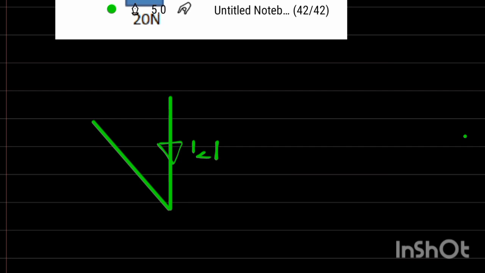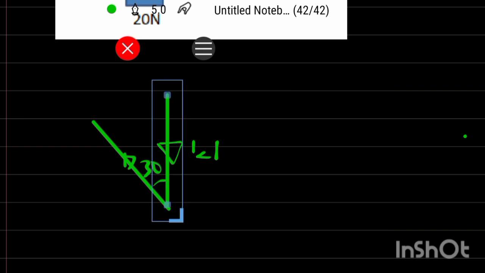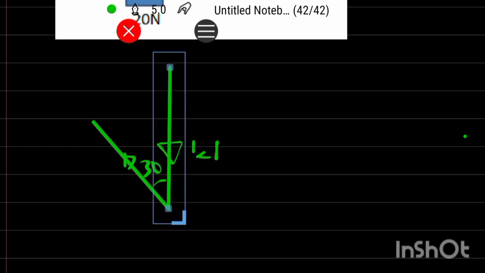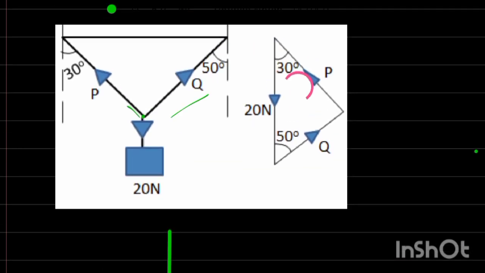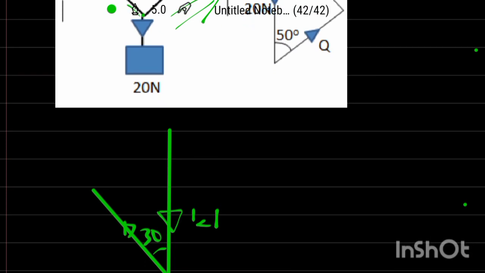So that is my T1, let's say, and it makes an angle of 30. So the angle it makes is still that 30. And then the next one, in the other way round, is going in this direction. Therefore, it must be represented that same way so that the triangle will be closed.